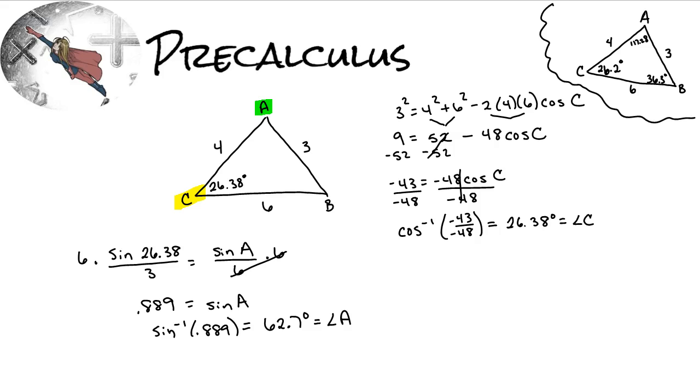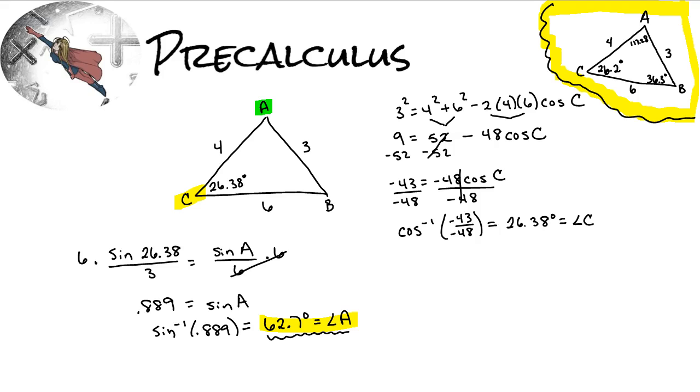So I just copied and pasted the triangle from the front page right up here in this corner. So we know that this is the correct solution to this triangle. And down here, the answer we just got for A is not the correct answer, and it's because A is an obtuse angle. It's the largest angle of this particular triangle, and it is obtuse. Sine inverse gave us the supplement, which is 62.7.